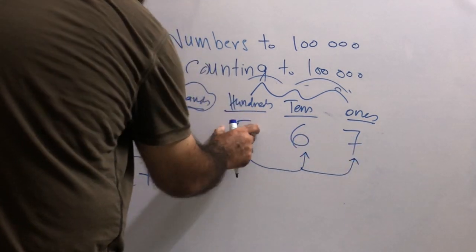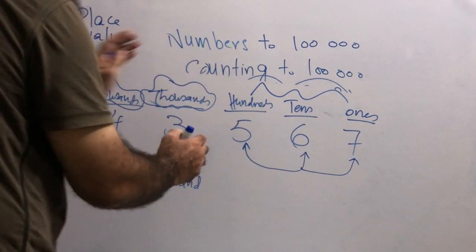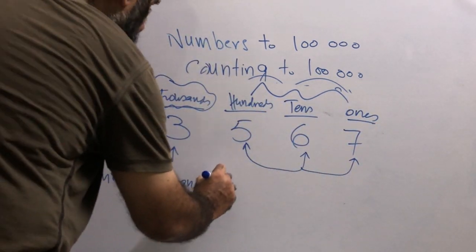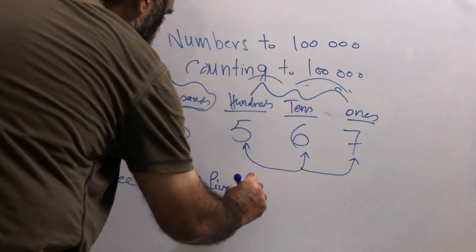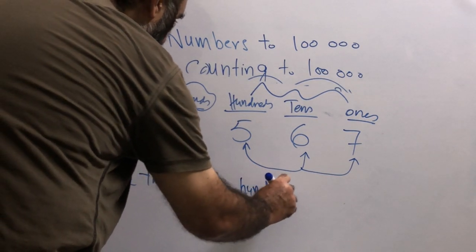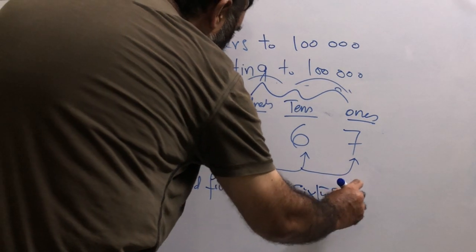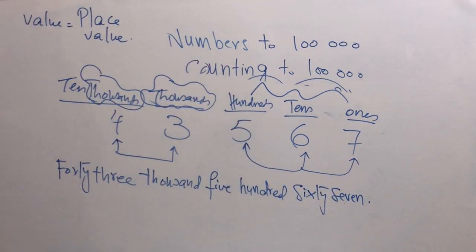Okay, we will combine these three numbers. This is 567. You know that this is 567. So we will write 567. Okay, so this is the way to express a number in English form.